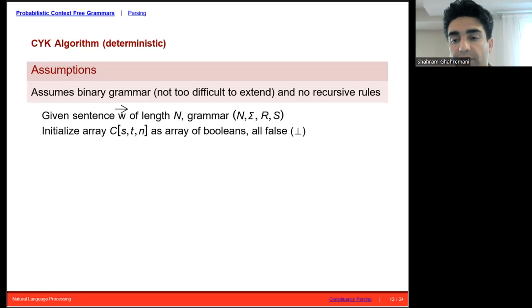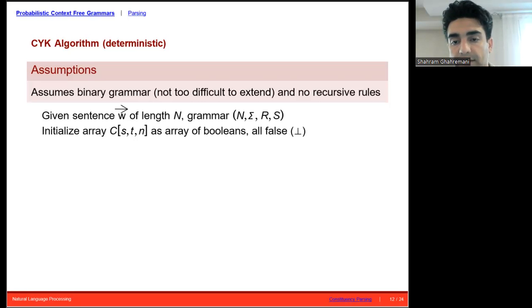You have an input of a grammar, and you have a yield, and you begin by initializing an array of booleans, and you set all of them to false. That is to say that a priori no possible span is grammatical, and this array has 3 parameters.